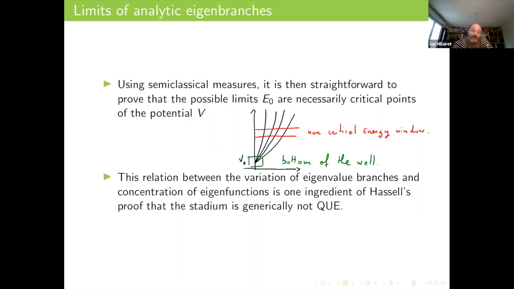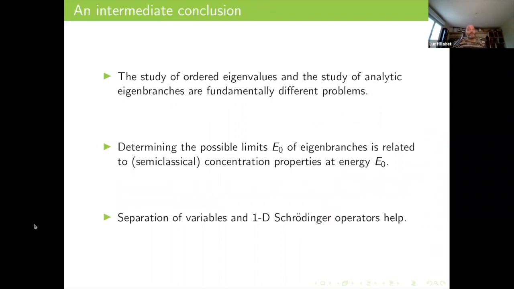And so what is interesting in this example is that you immediately see that there is a relation between the variation of the eigenvalue branches and the concentration of eigenfunctions. And this relation is one ingredient of Hassell's proof that the stadium is generically non-QE. And what do we learn from these two examples?